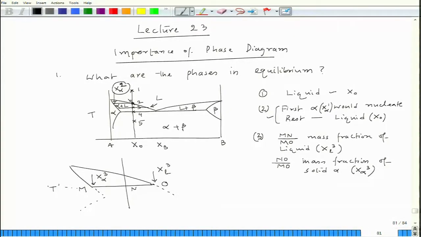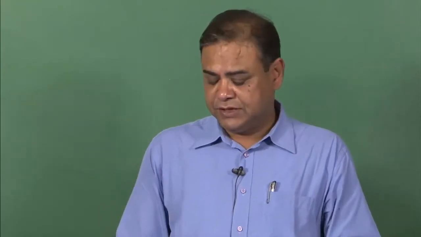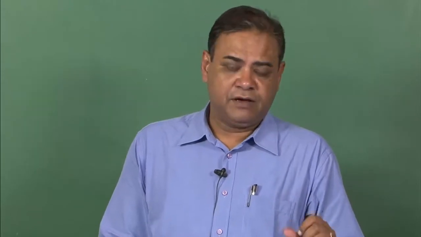So, we know the fraction of alpha as well as the fraction of liquid, and the liquid and solid alpha would have a particular composition, and those two compositions are in equilibrium. We have already come to know from the free energy composition diagram that these two compositions are in equilibrium.